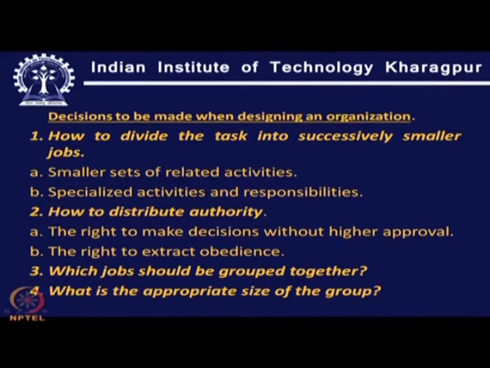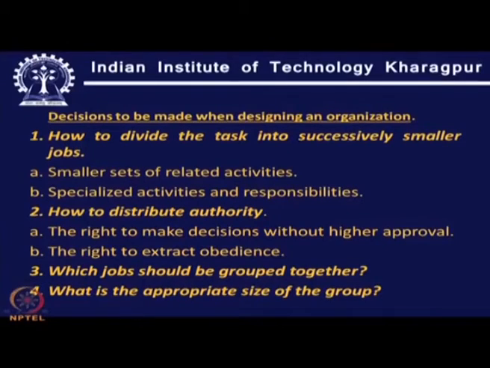Then, how to distribute authority. Authority is the right to make a decision without higher approval. We don't have to take the higher authorities' approval for making certain decisions. Authority is also defined by the ability to control the behavior of others, and the right to extract obedience from others.